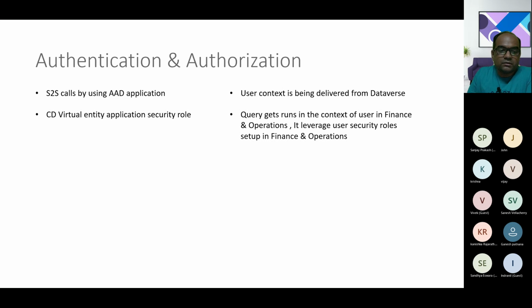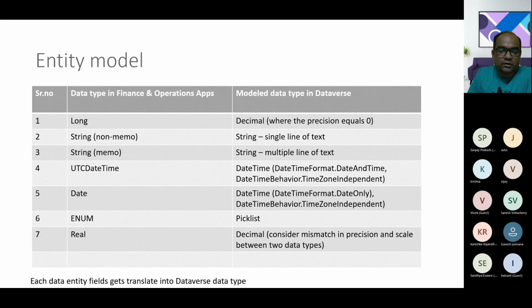Now let us talk more about entity modeling. I just try to highlight a couple of points for financial operation apps consultants to understand in more detail, because they live in an X++ world. However, when it comes to virtual tables or entities, it is very important to understand that both systems and both databases have different data types.